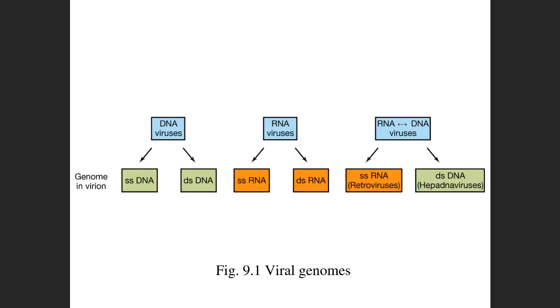So if we look at the viral genome, this is really just to show you that it could be anything. You can have DNA, RNA, RNA to DNA, DNA to RNA. In more detail, you can have single strand, SS, or double strand, DS: single strand DNA, double strand DNA, single strand RNA, double strand RNA.